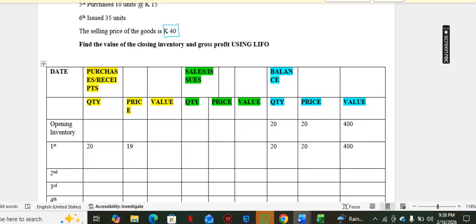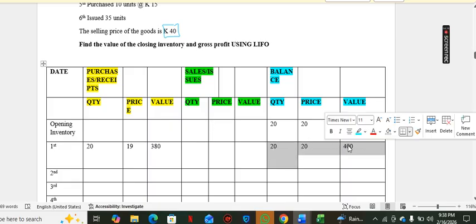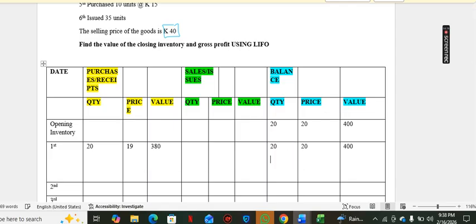So we've got 20 units valued, 20 times 19, 380 kwacha. On our balance section, we have these 20 units which we started with as our opening inventory. Then we brought in a new 20 units valued at 19 kwacha each. Every time there's a purchase, this is what you are going to do. You separate so that you are seeing which batches came when, which one came earlier than the other.